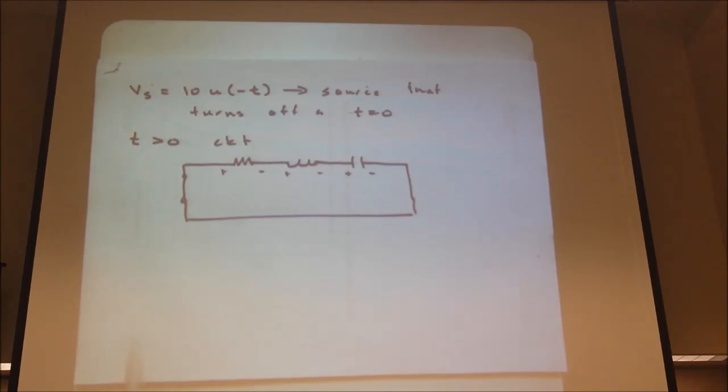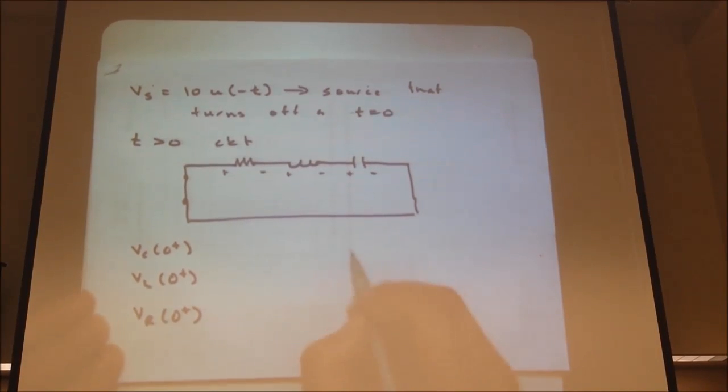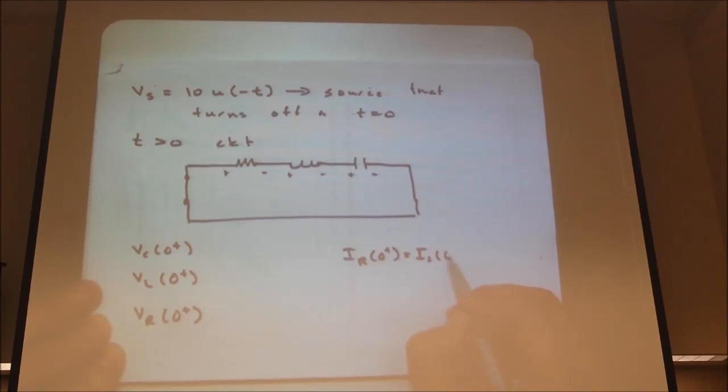Well, we can look at VC 0 plus, VL 0 plus, and VR 0 plus. Let me change the order, sorry. And you can say IR 0 plus equals IL 0 plus. We can write this directly since it is a series circuit.